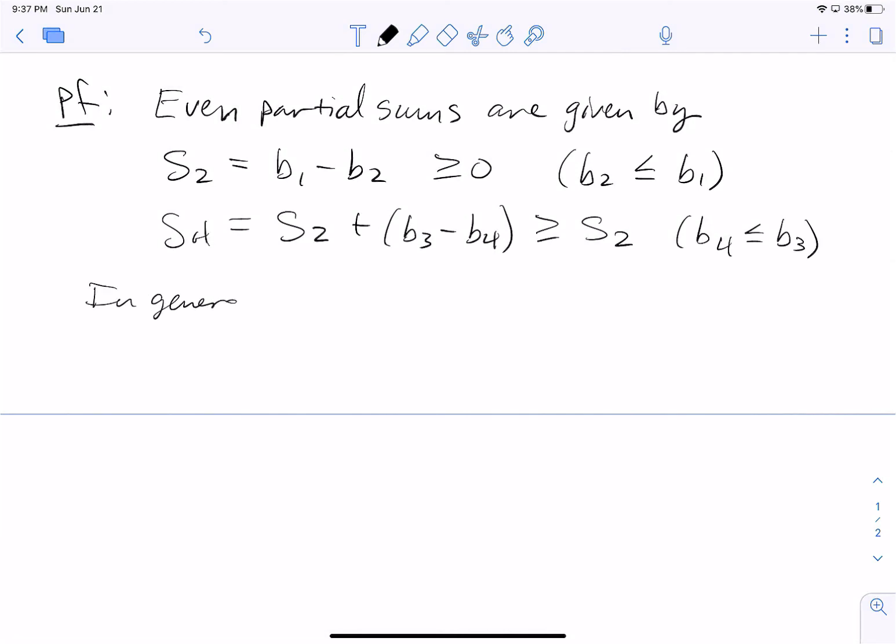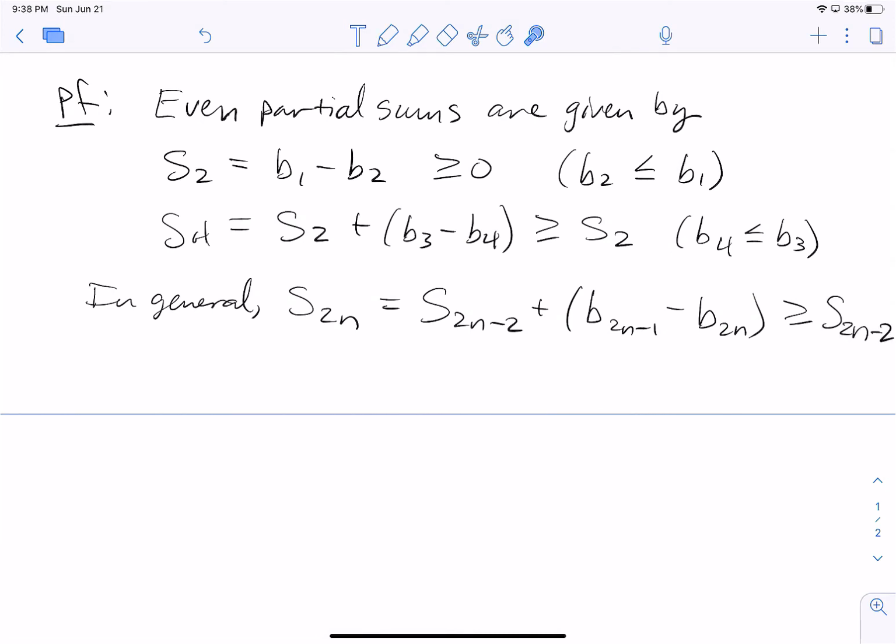In general, s_2n, an even sum, is equal to s_(2n-2) plus b_(2n-1) minus b_2n, and that's greater than or equal to s_(2n-2) because we took s_(2n-2) and added a positive value to it. Remember that b_2n is less than or equal to b_(2n-1).